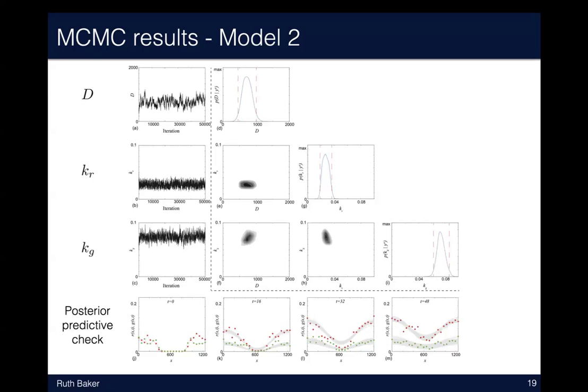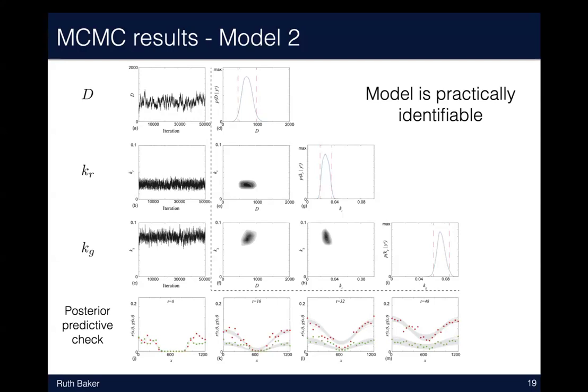And despite the fact that the model is of reduced complexity, with one fewer parameter, the posterior predictive check shows you that it's still doing a relatively good job at predicting the dynamics and the data. So I'm still happy that it's a sensible model. So this model is practically identifiable, and I would probably prefer to use that one over the other one. Or maybe I would think about how to design an experiment to better test or validate the use of model 1.